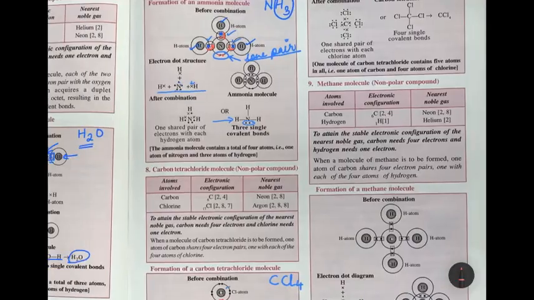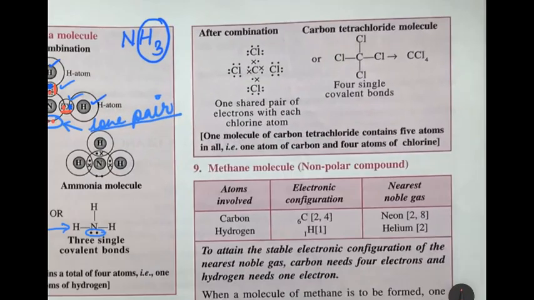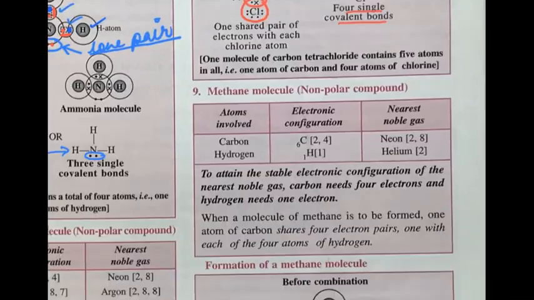Okay, so finally you'll see this is after combination. Carbon has 8, chlorine has 8 on all sides, and there are 4 single covalent bonds leading to the formation of carbon tetrachloride.